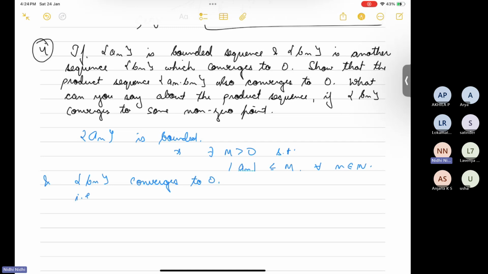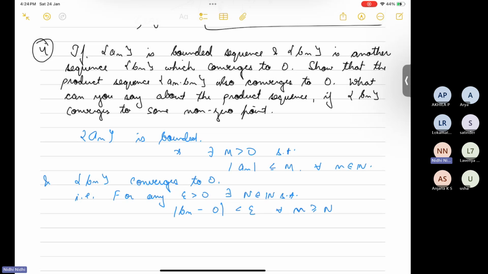That means for any epsilon positive, there exists a stage capital N such that mod bn minus 0 is less than epsilon for all n greater than or equal to capital N. So after capital N, all the terms are going near 0.